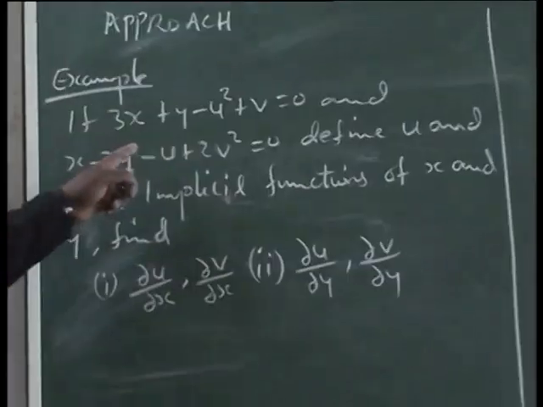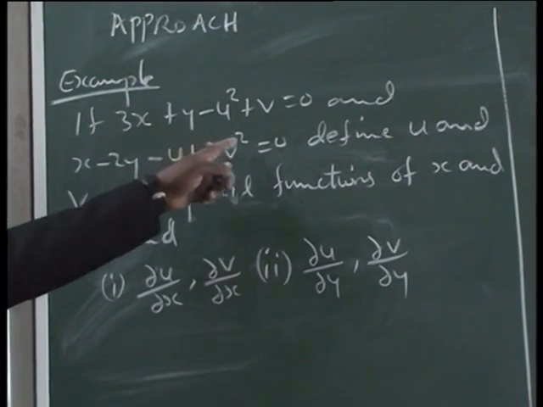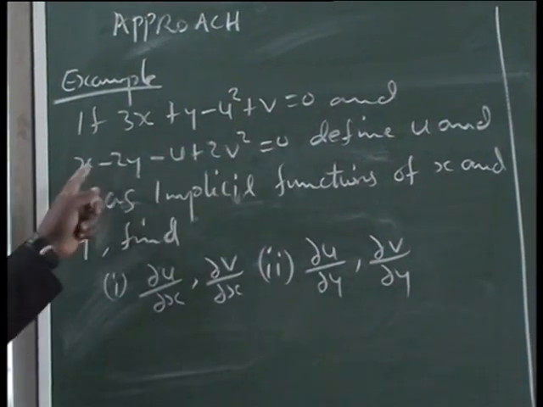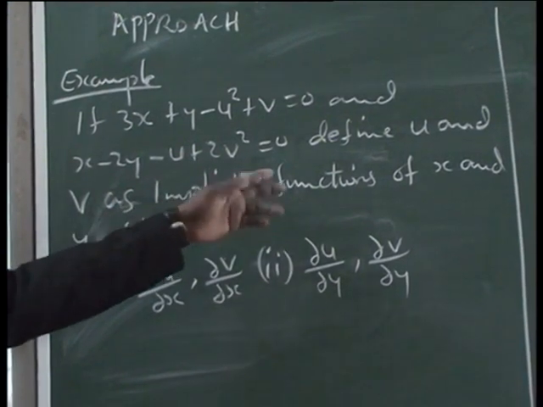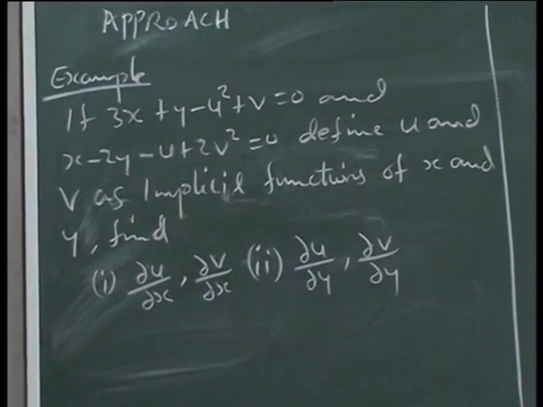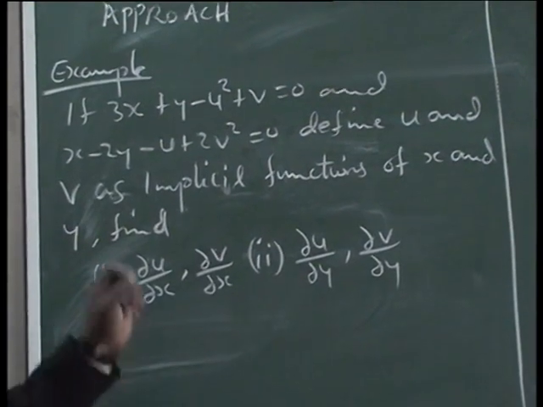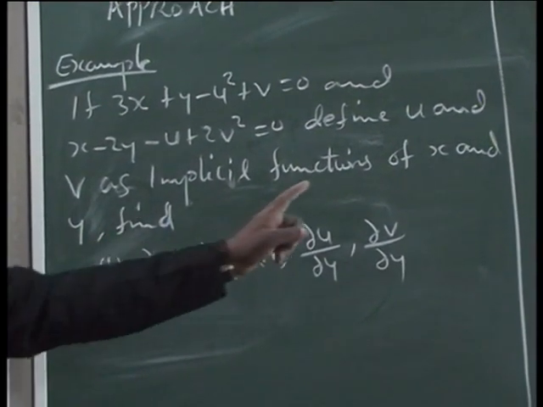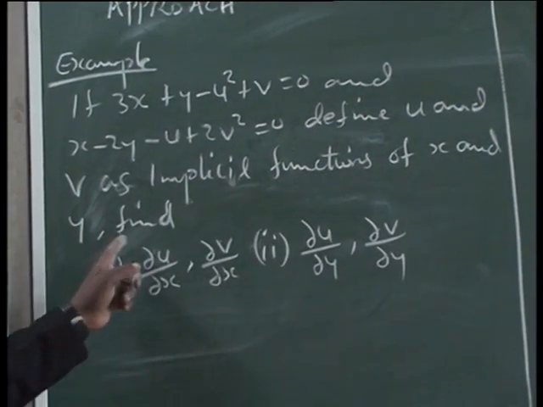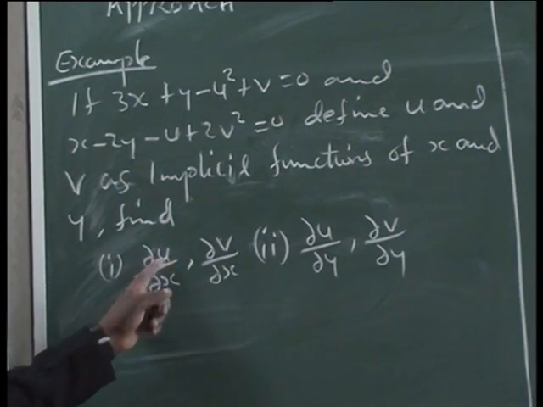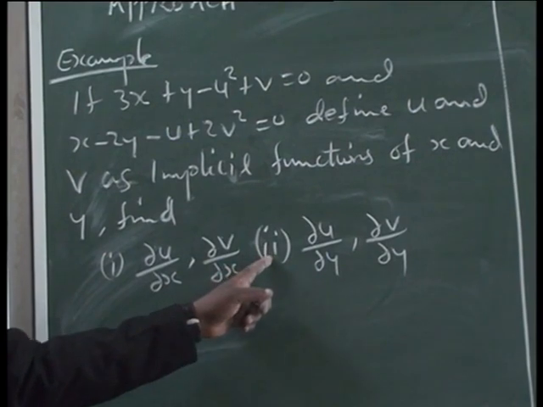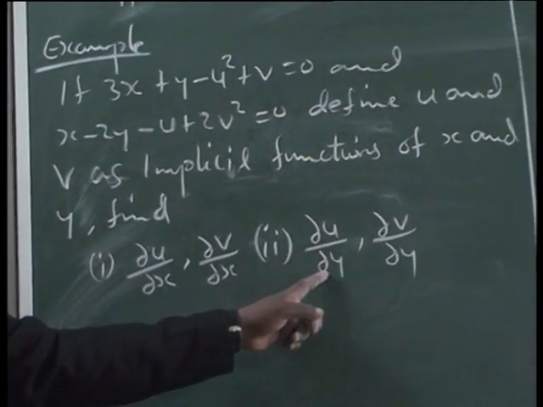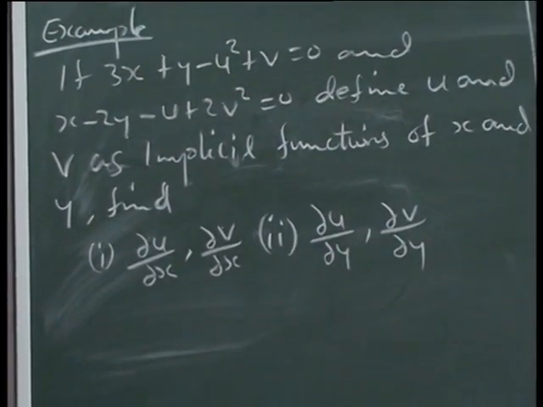If 3x plus y minus u squared plus v is equal to 0, and x minus 2y minus u plus 2v squared is equal to 0, define u and v as implicit functions of x and y. Now find partial u partial x, partial v partial x, then partial u partial y, partial v partial y.